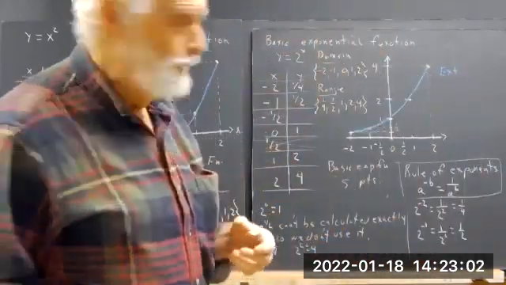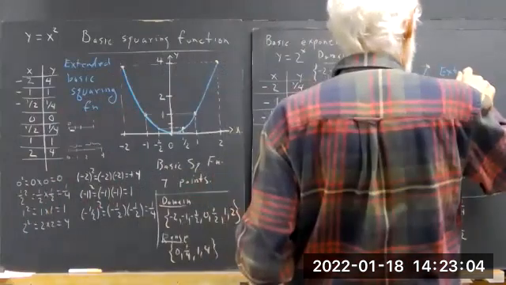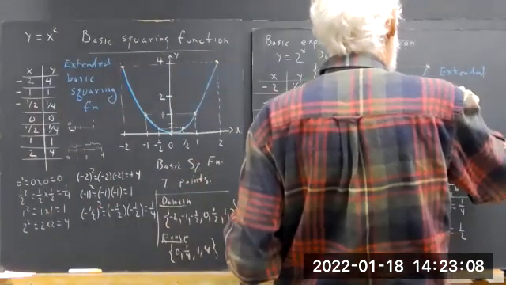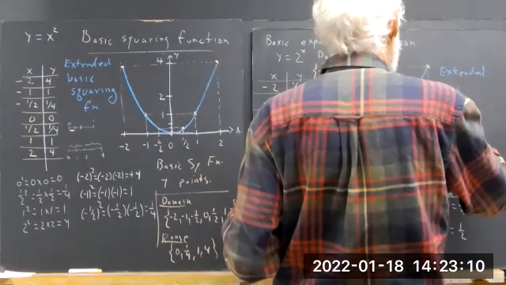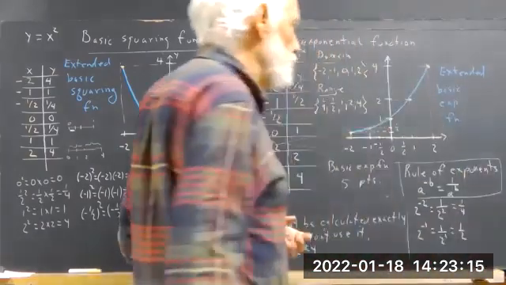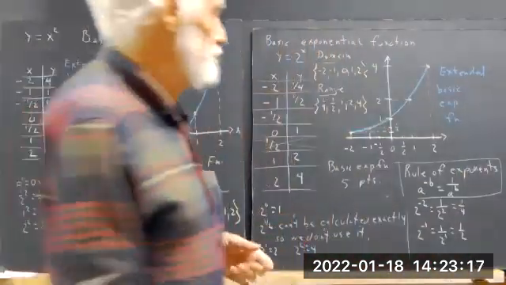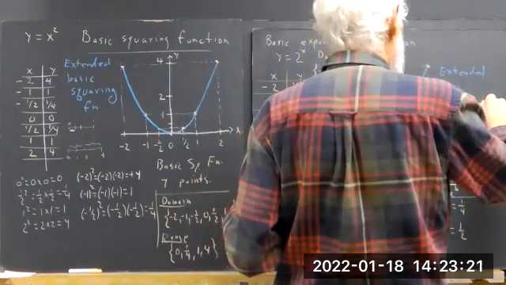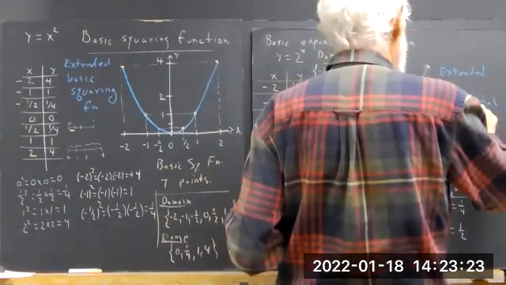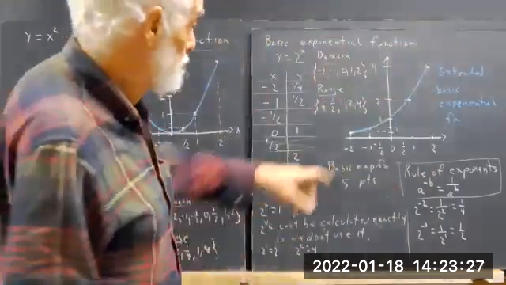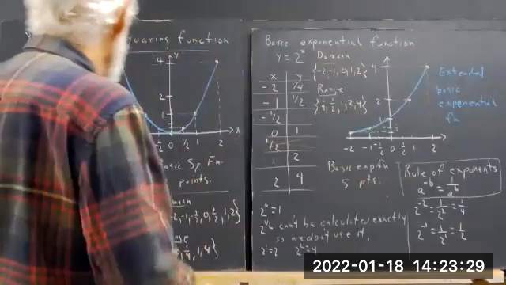Now we're going to call that the extended basic exponential function. It's a little wobbly, so I didn't get it written all that neatly, but you can understand what's being said.